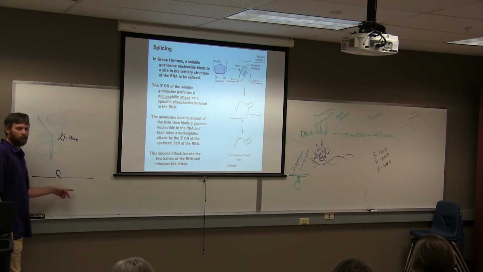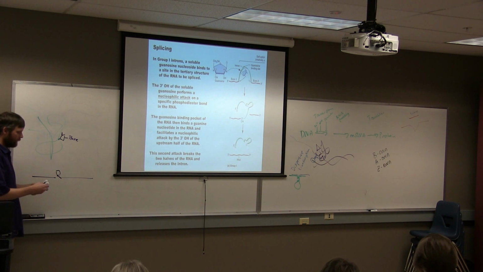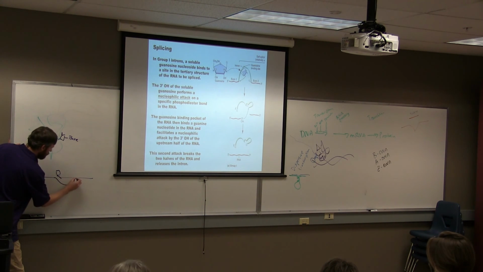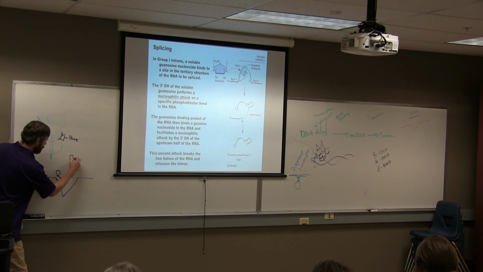And they find there's actually 2 RNAs and this guy's stuck on the end. Now, this 3' hydroxyl does a nucleophilic attack over here and breaks that such that these guys are covalently connected, like this, such that this thing can go floating away.